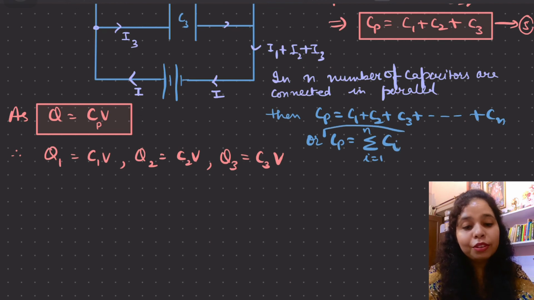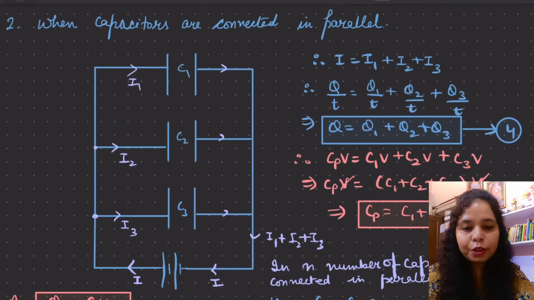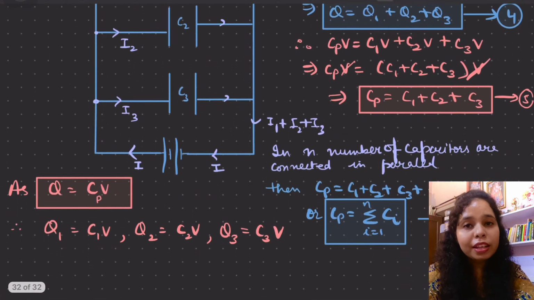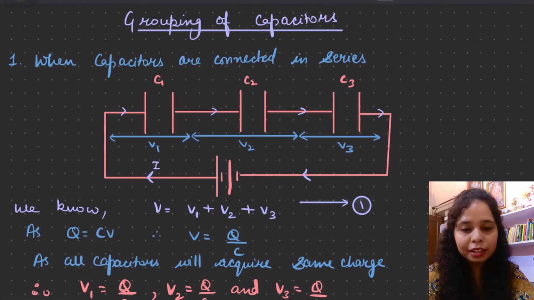So this is the final expression for the capacitance of capacitors when they are connected to each other in parallel. So this is our equation number 6, and this is all about the capacitors when they are connected in parallel, that is Cp is equal to the summation of Ci.